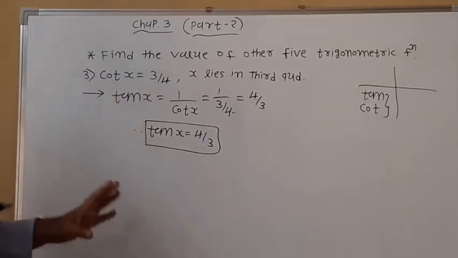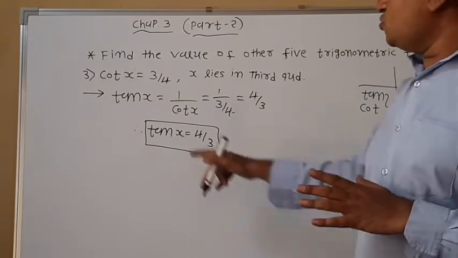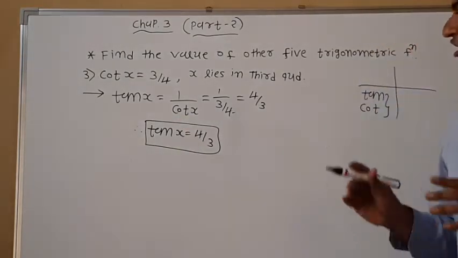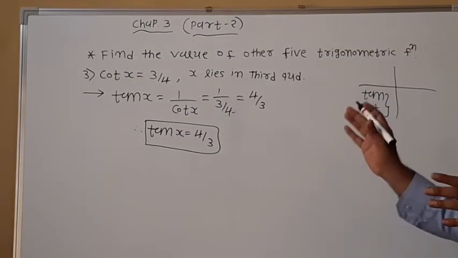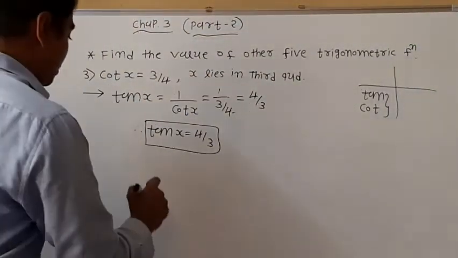Now, how can we find the values of sine, cos, sec, cosec? Here tan x is known, and we know the relation sec square x is equal to 1 plus tan square x.